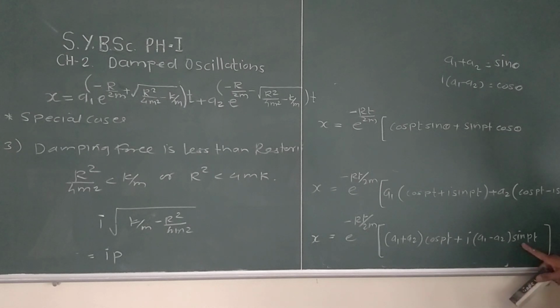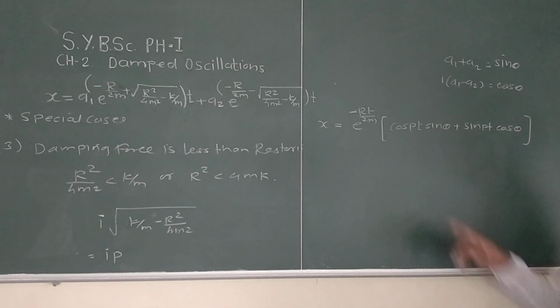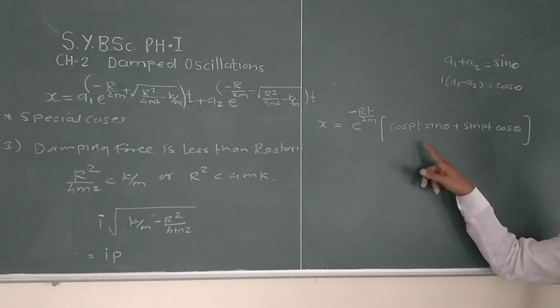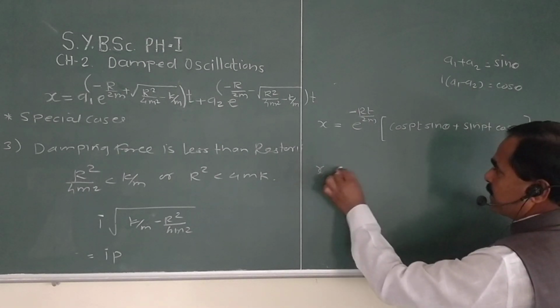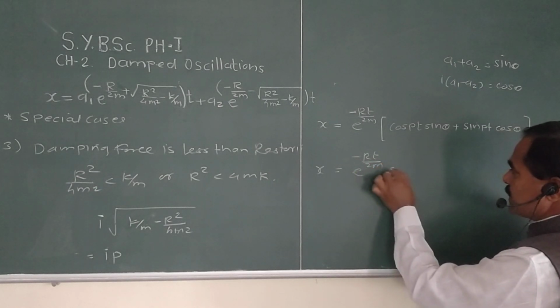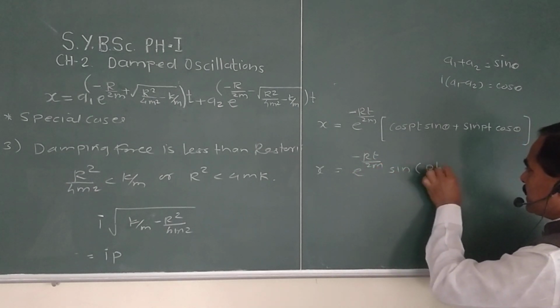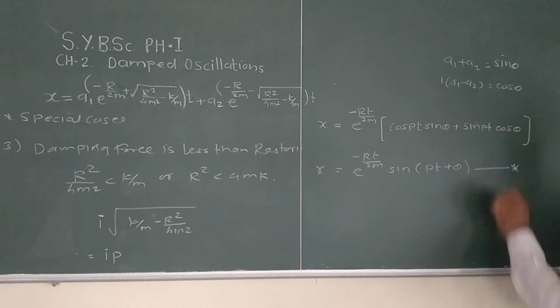Then lastly, this is the expansion of sin of pt plus theta. Therefore x equal to e raised to minus rt upon twice m sin of pt plus theta. So this is the last equation.